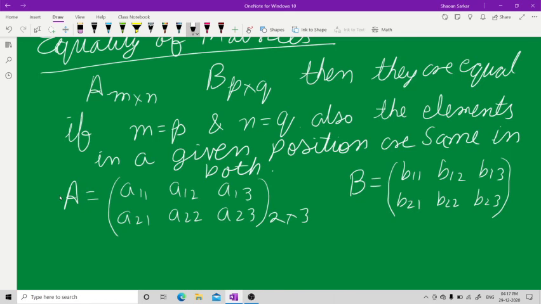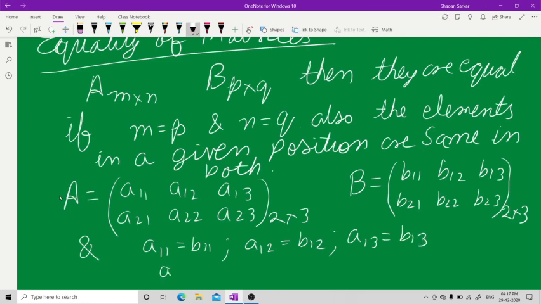And the other important condition is that A11 should be equal to B11, A12 should be equal to B12, A13 should be equal to B13, A21 should be equal to B21, A22 should be equal to B22, and A23 should be equal to B23.